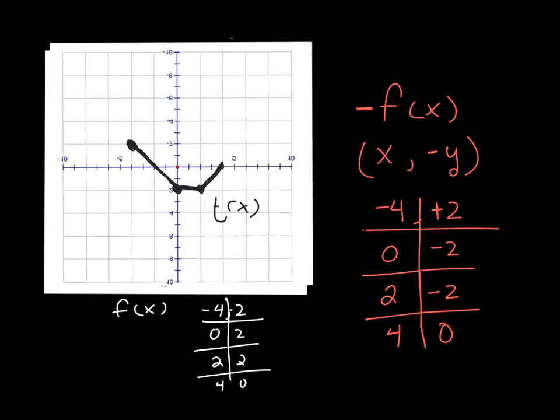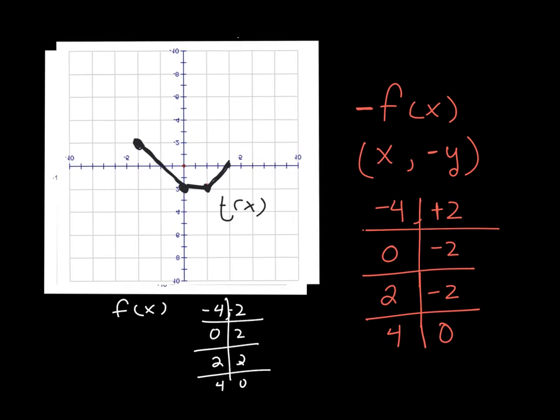You can see I just flipped this whole thing upside down, but let's take a look at those points. This is going to be negative 4, 2, which is this point right here. The next point is 0, 2. Then 2, negative 2. And finally 4, 0 was the one point that stayed the same.